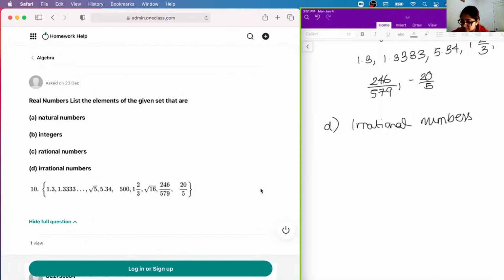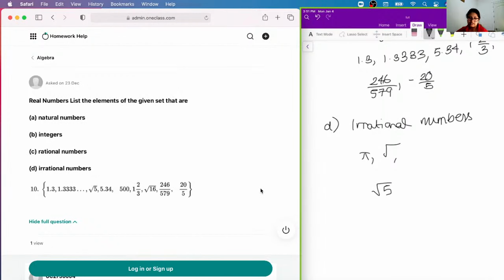The irrational numbers are like, examples of irrational numbers would be something with pi, something that has a square root, that you can't really further simplify, like you won't get a whole number. So in this case, the only option left would be root 5.